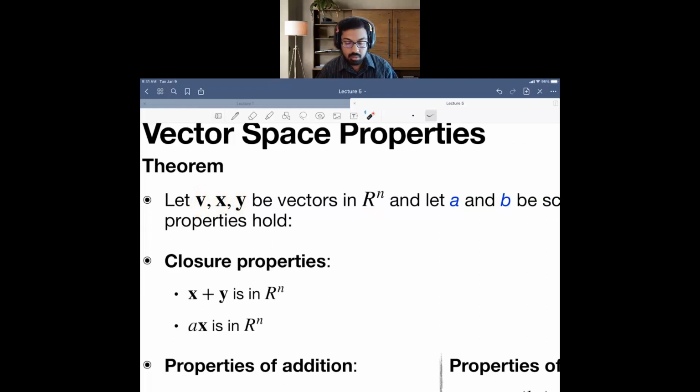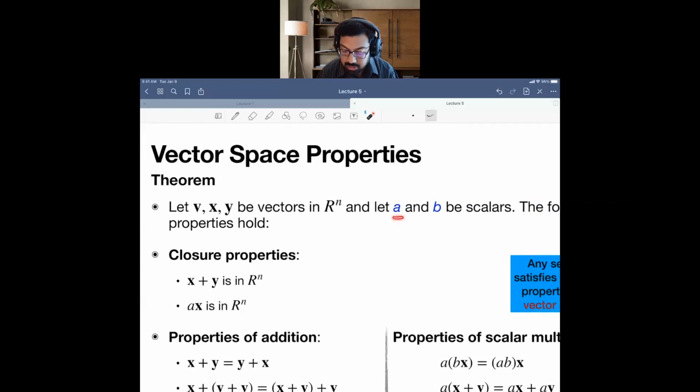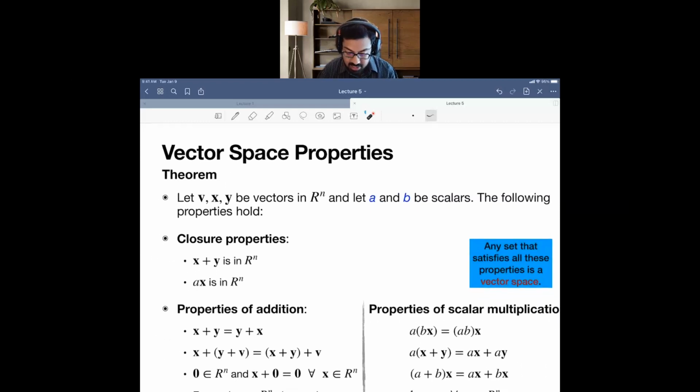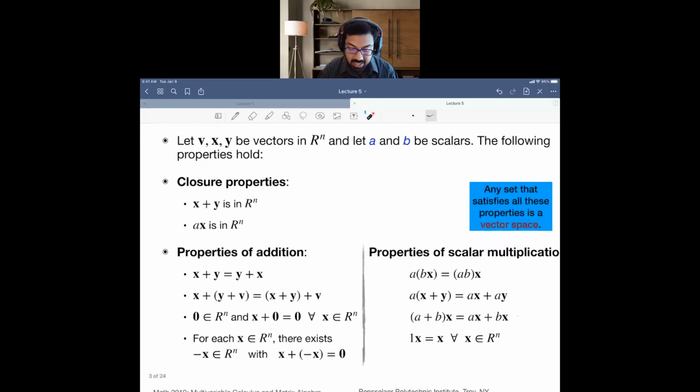These are all column vectors, n rows and 1 column, with n real numbers in each of them. We're also considering small a and small b as some scalars. If this is a vector space, then all these properties that you see on this slide are going to hold true. So let's take a look at these properties.